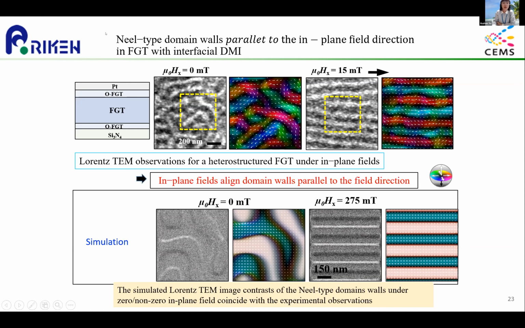First, for the heterostructure FGT, you can clearly see the in-plane field aligns the stripes parallel to the field direction. This experimental observation is consistent with our simulations for the Néel twist stripe domain.